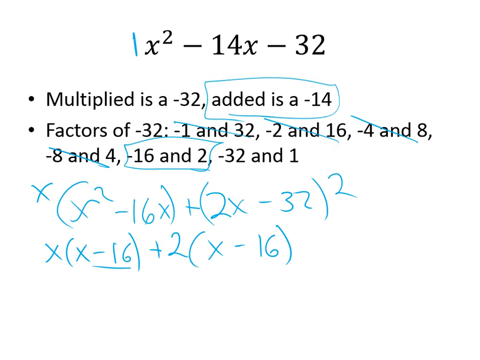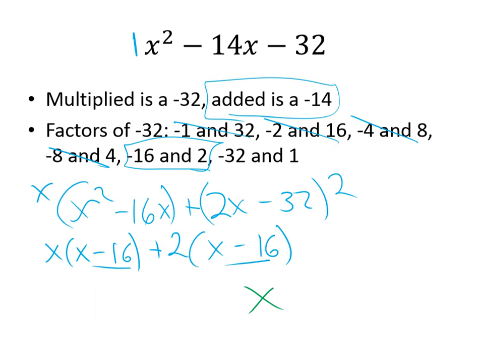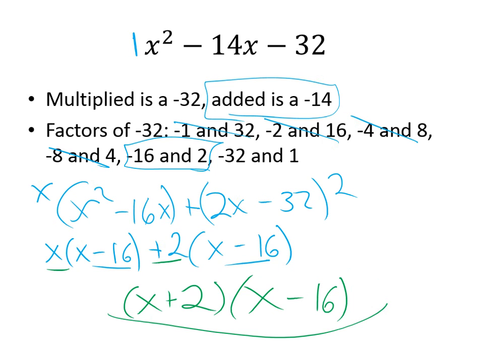And as we see, those two are exactly the same. That's one of our answers, x minus 16. And the numbers that we factored out are our other answer. And so there is our factorization: x plus 2, x minus 16. Okay.